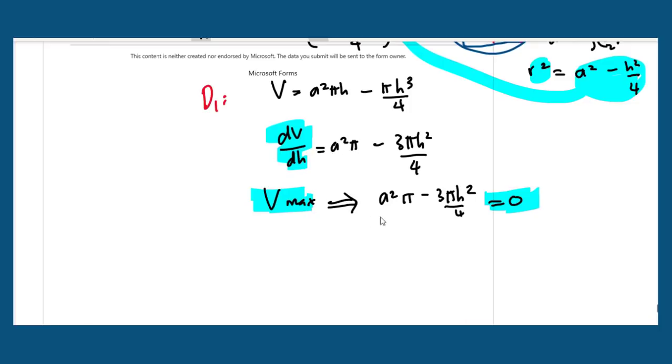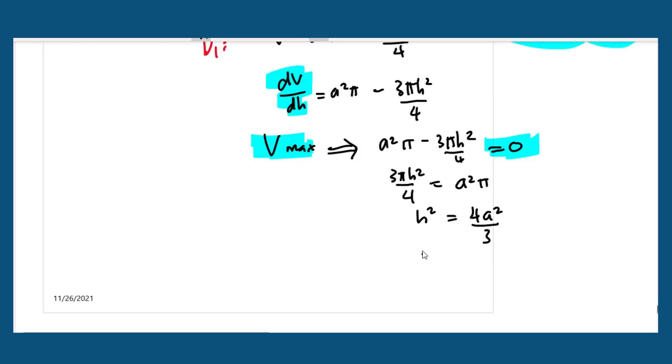And then here, read one side. A squared pi cancels, h squared is equal to 4a squared over 3. Okay, h is equal to plus or minus 2a over 3. And h is always positive, therefore h is equal to 2a over 3.